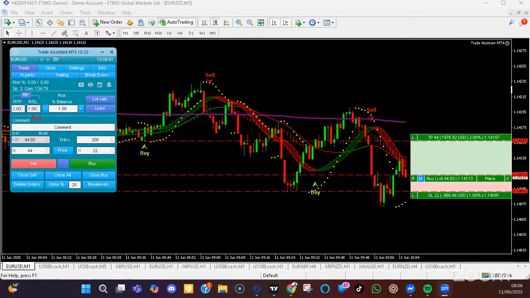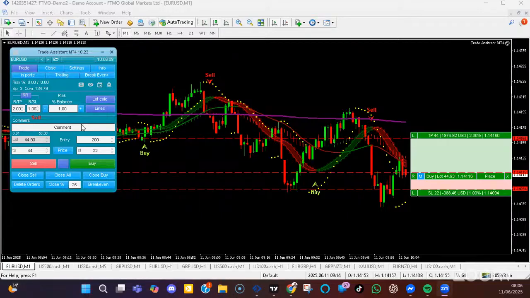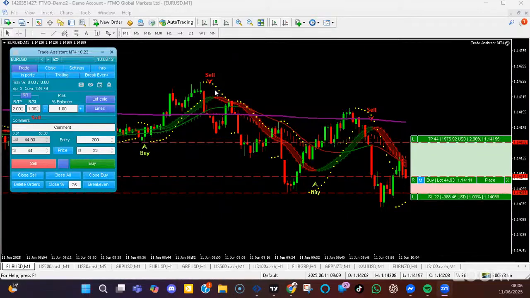So I guess we'll wait now and see what happens. If we was to take that sell there, because we would have been in the sell zone, that would have been a red trend there.